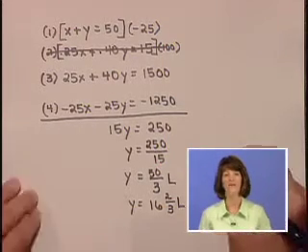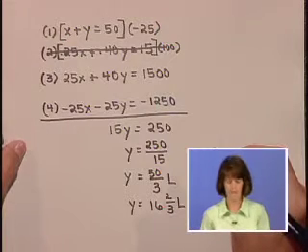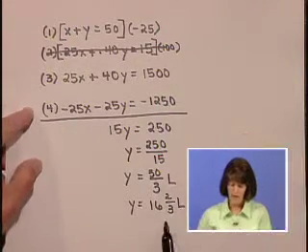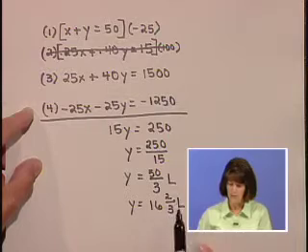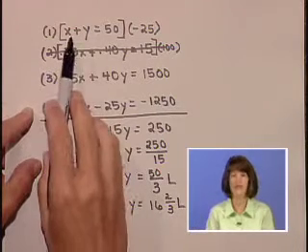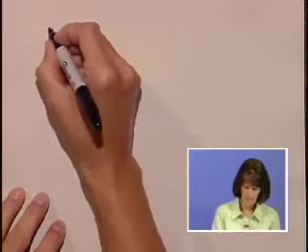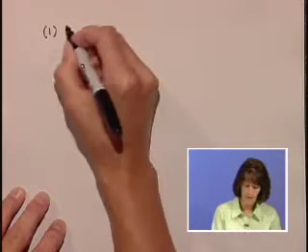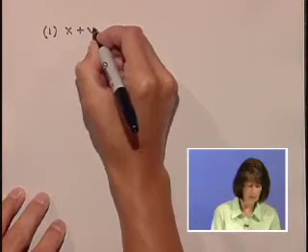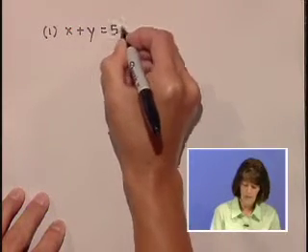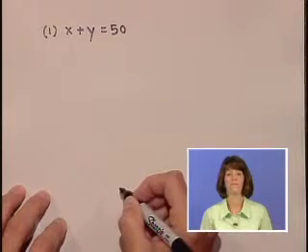Now let's go and solve for x as well. I think I'll take this value for y equals 16 2/3, and substitute it into equation 1. Equation 1 was x plus y equal 50.